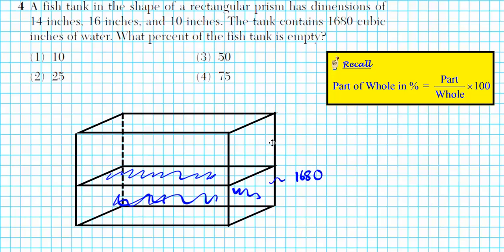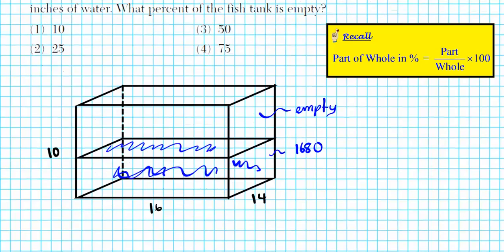And guess what? This portion right here, this volume, this is where it's empty. That's what we want to find in percentage form. All right, let's put in the dimensions of our rectangular prism. It's not drawn to scale, so pardon me, this is 16, 14, and the height is 10.